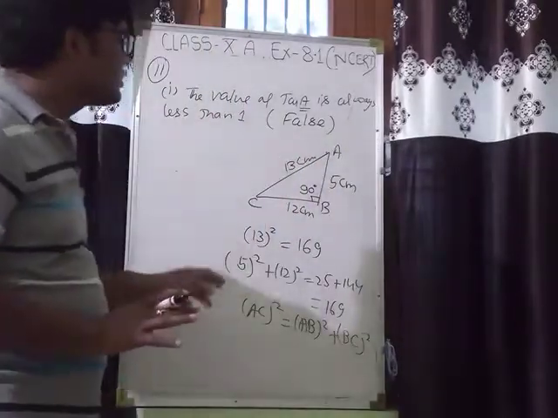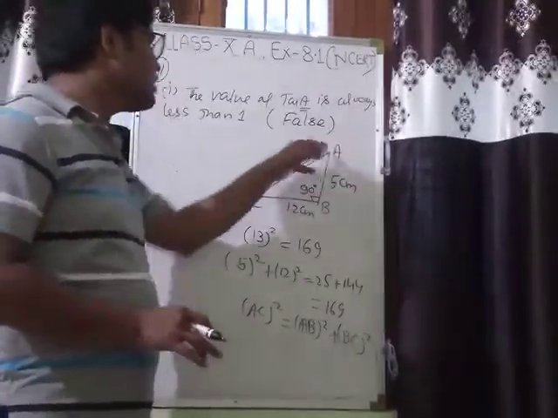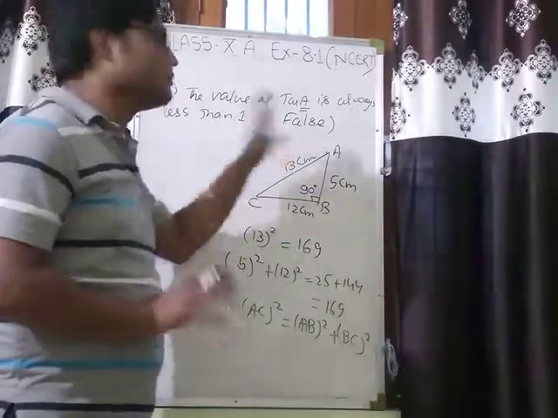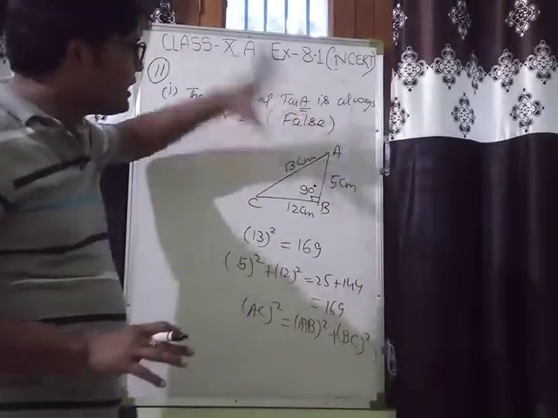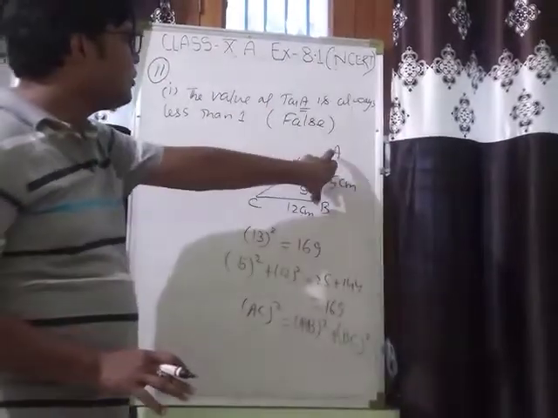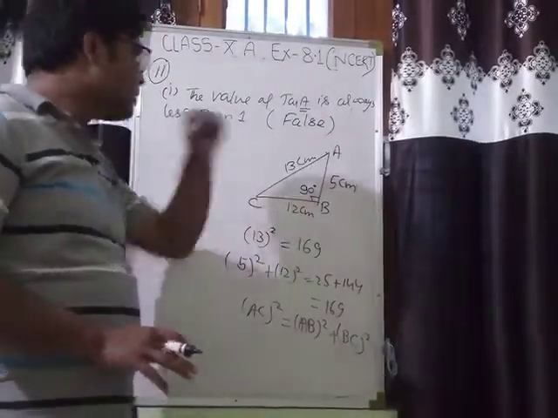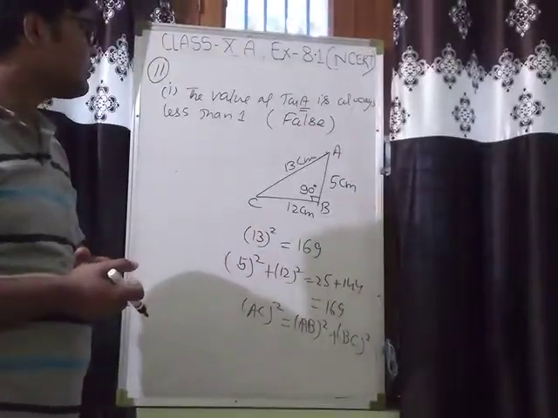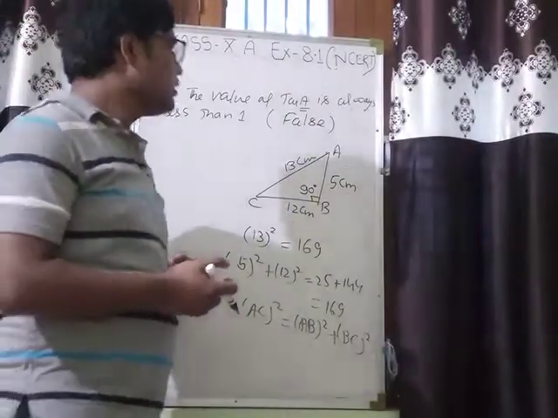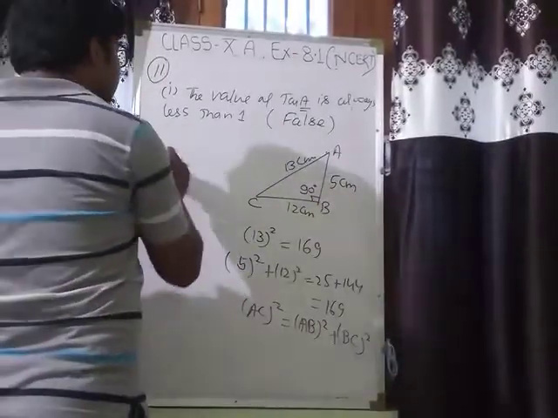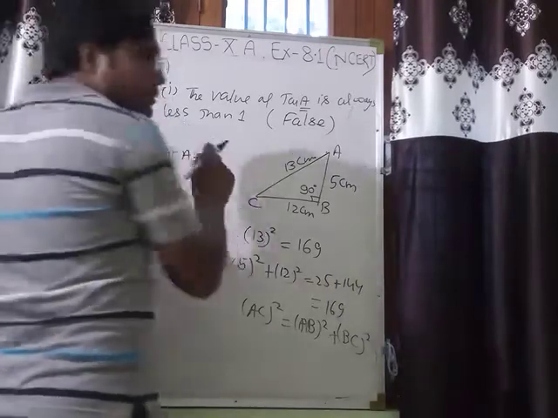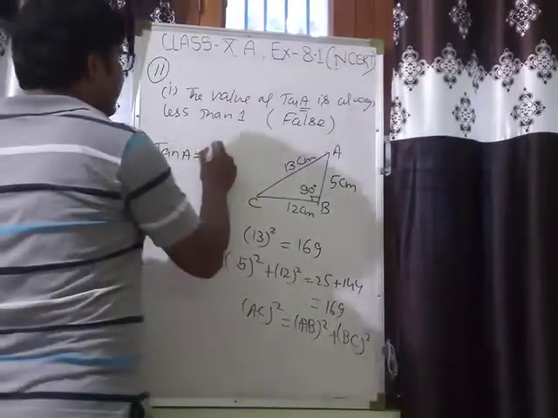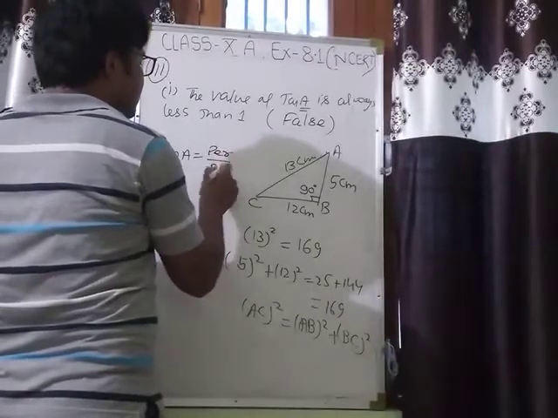So in the same situation I have taken here a right triangle ABC in which the longest side is 13 centimeter, AB is 5 centimeter and BC is 12 centimeter. Now in this case tan A is equal to what? We know that tan of any angle is perpendicular upon base.